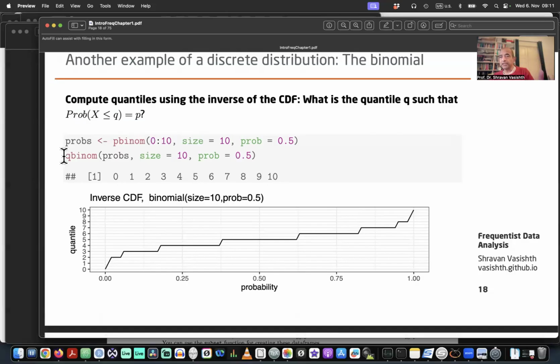The Q binom function does the opposite. It takes a probability and it returns a quantile that corresponds to that probability in the cumulative distribution function. So the inverse of the CDF is the Q binom function. Okay?